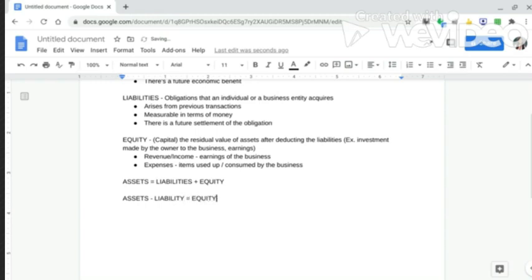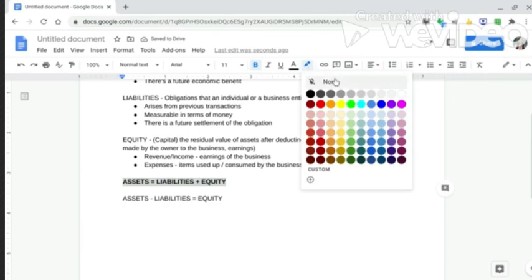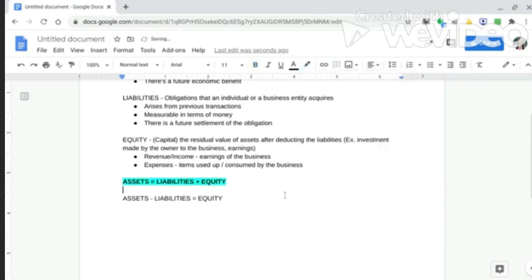So, yun yung sinasabi natin sa equity kanina, that the equity or the capital is just the residual value of the assets after you deduct all of the liabilities. There. But basically, I want us to focus on this fundamental accounting equation here, which states that assets is equal to liabilities plus equity. So, highlight natin yan. Ayan.